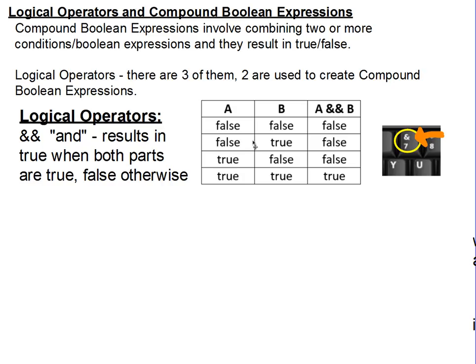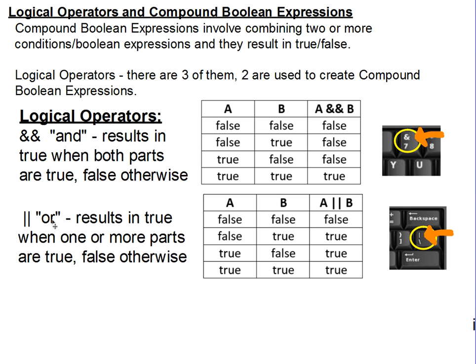No. If I don't have enough money but I have a ride, can I get in the movie? No. Let's say I have enough money but I don't have a ride, can't go to see a movie. Both of these things have to be true. I have to have enough money and I have to have a ride to be able to go to the movies. And you guys have done AND types of logical statements for years and years. We're just looking at, are both sides of that AND true? If both of them are true, my final result is going to be true.